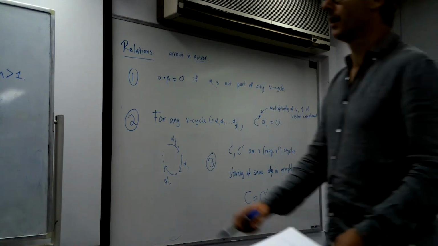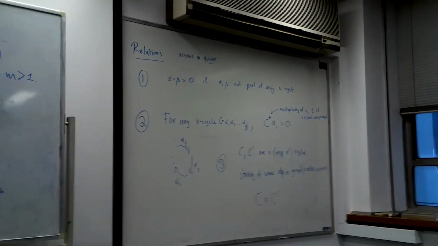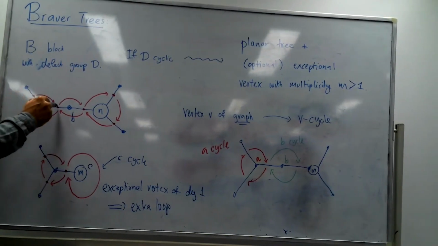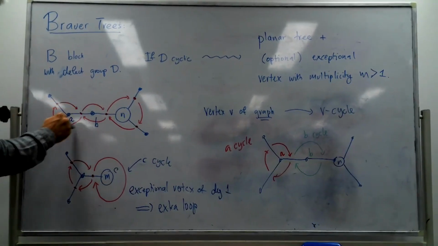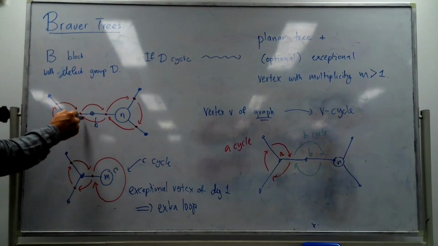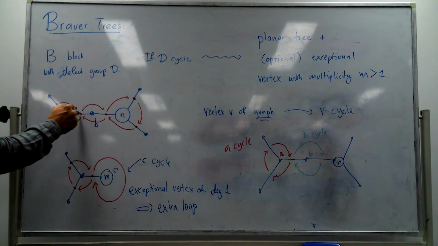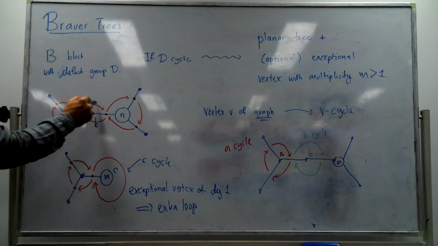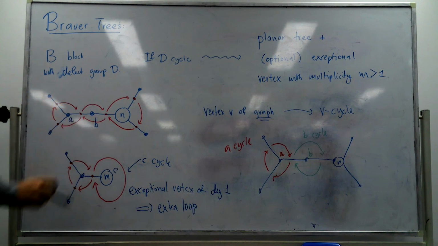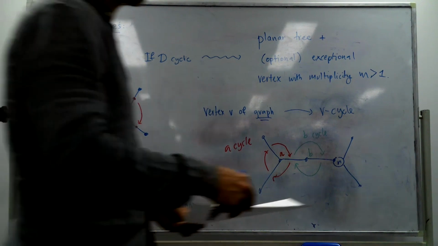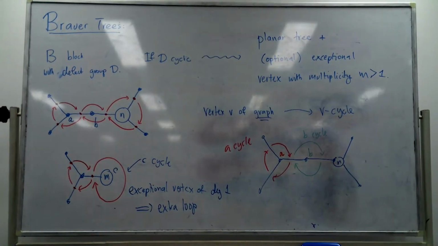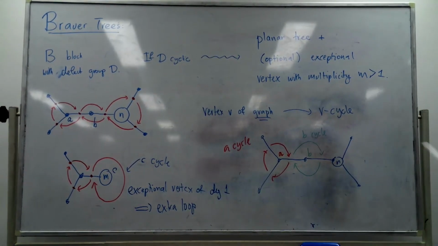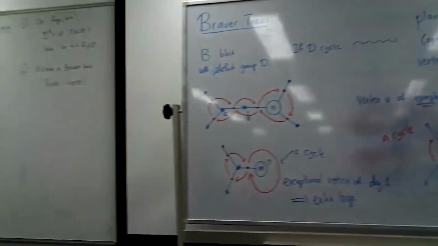So here, for example, here are two different cycles. This is an A cycle, this is a B cycle. This and this both start at this point. So here my relation is that this is equal to this. And then that's it.